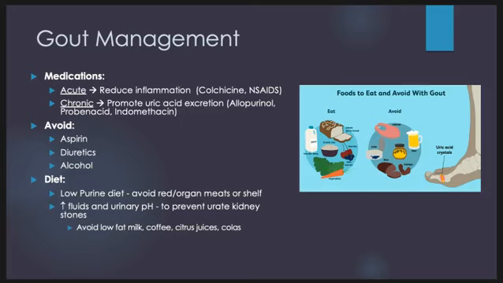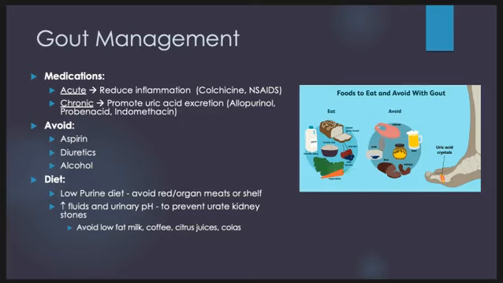Management of gout includes medications such as colchicine and NSAIDs to reduce inflammation. Allopurinol is a common medication that we'll see, and it helps by increasing uric acid excretion by the body.